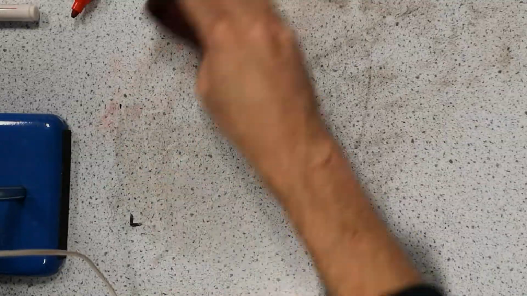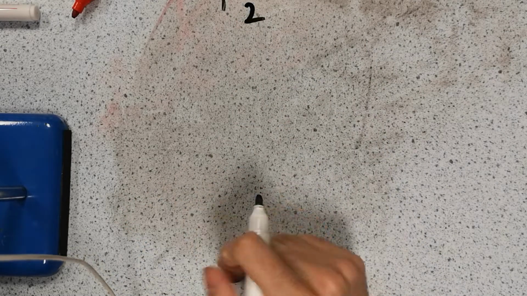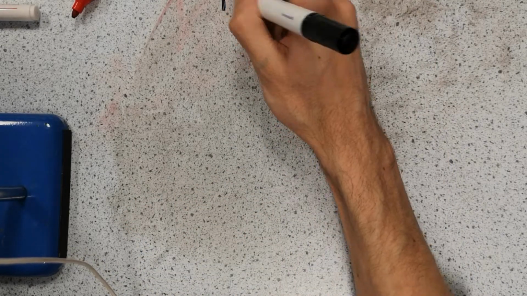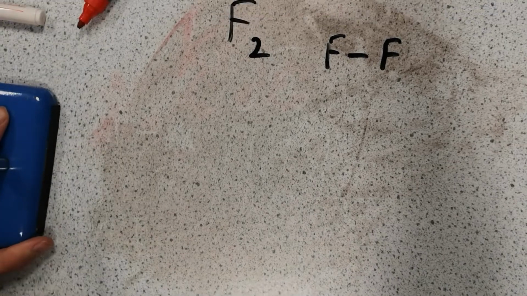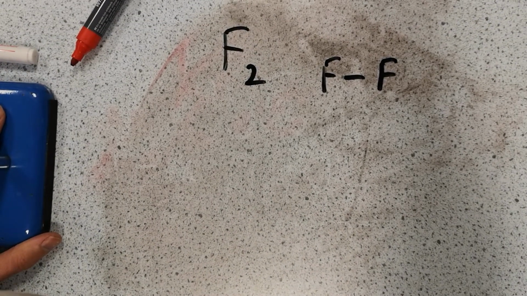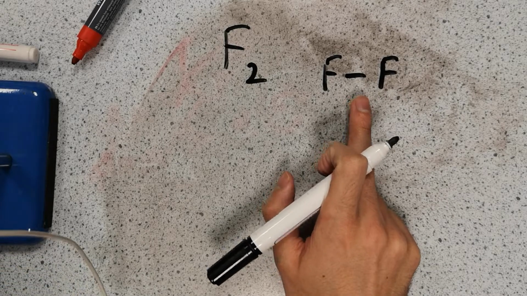Exercise 5 asks you to draw covalent bonds, and it starts with fluorine, which we've just seen form an ionic bond. Now F2 is a fluorine bonded to a fluorine, and this line just represents a covalent bond.